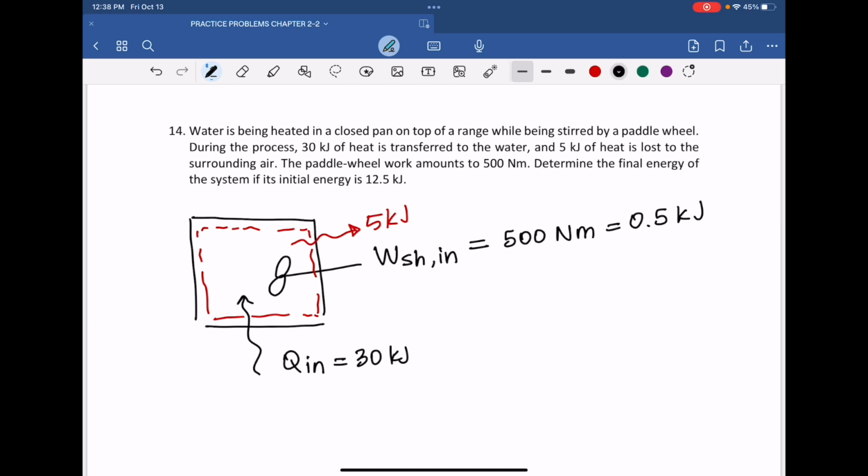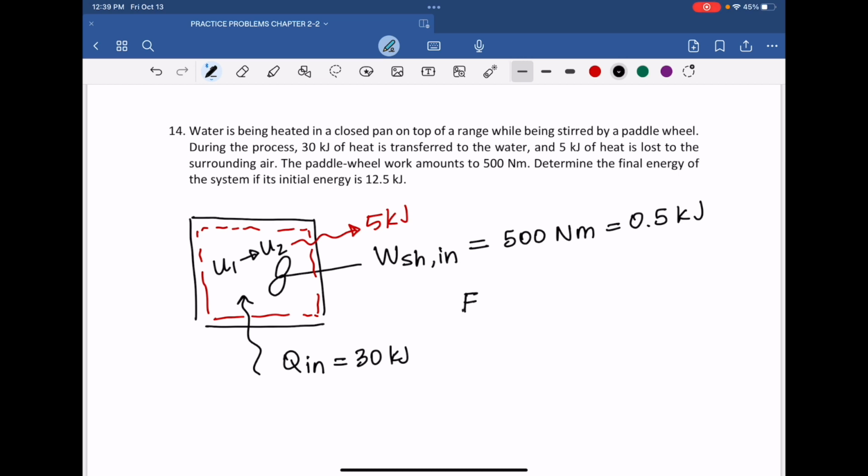So always energy balance. We start with the same form of it, because we understand now whatever the energy interactions, they are changing the energy of the system. It has a certain energy at the first state and it is changing to another energy at the second state because of these energy interactions.